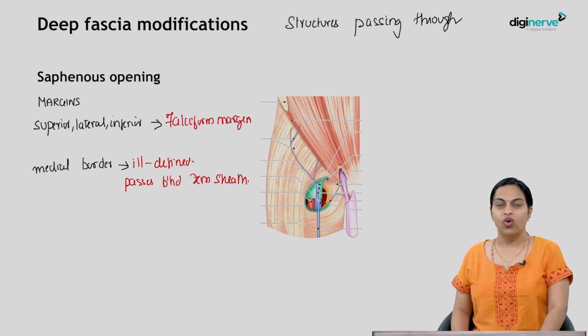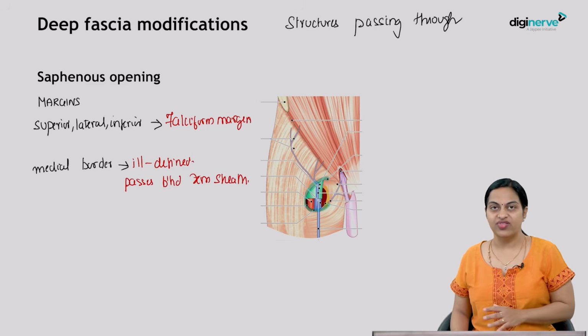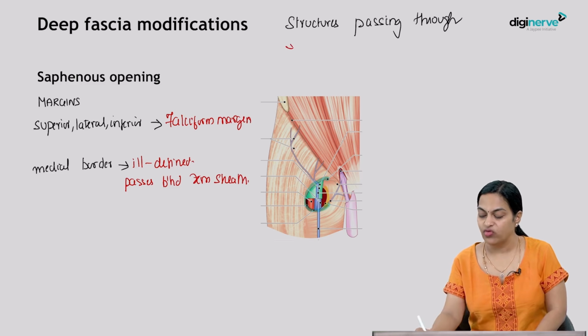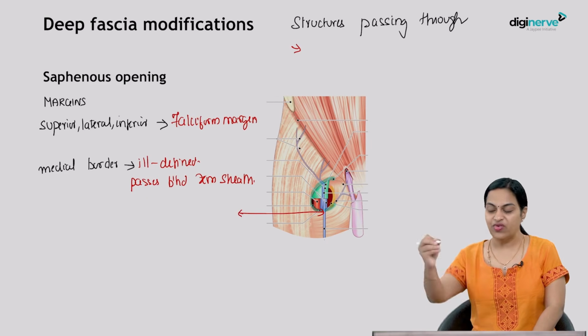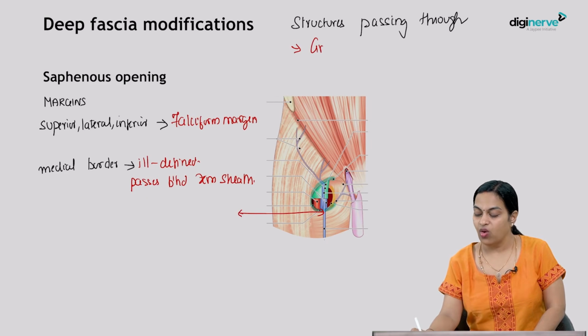Okay, what are the structures passing through the saphenous opening? The most important one is the vein that you see here. Can you tell me what it is? The longest vein in our body, the great saphenous vein, right?